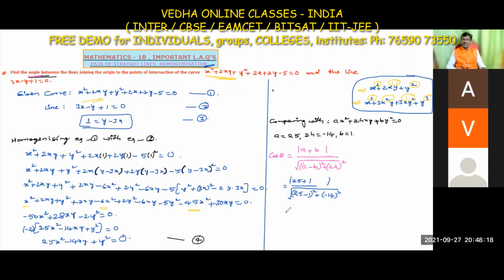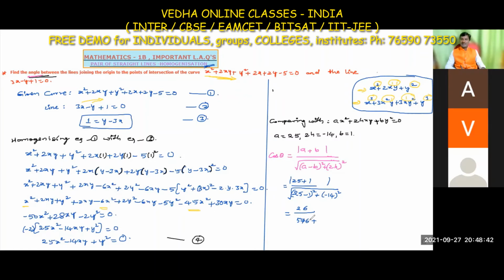25 plus 1. How much is 25 plus 1? 26, divided by 25 minus 1 is 24, 24 square. What is 24 square value? Anybody? 576. Yes, very good.